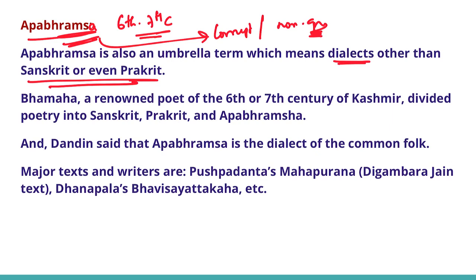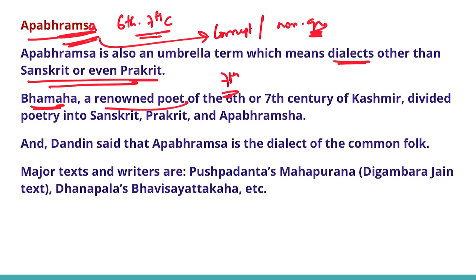Apabhramsa gradually became a literary language which was used to write several texts. And by 7th century, Apabhramsa developed its own identity.